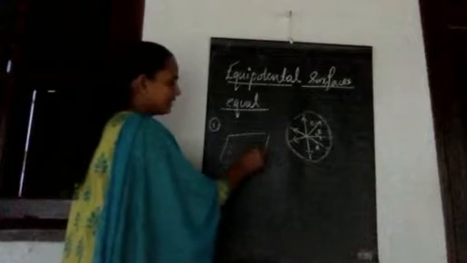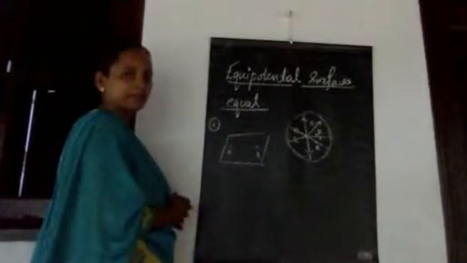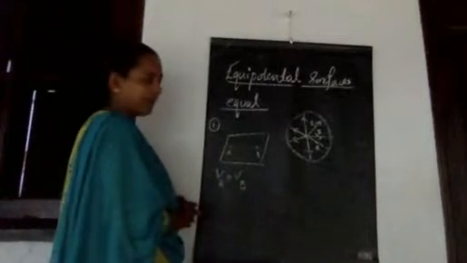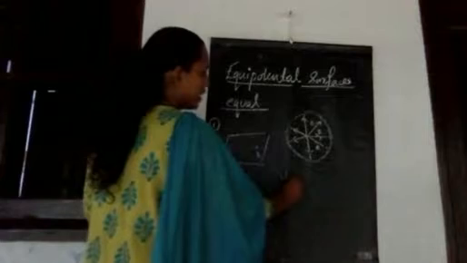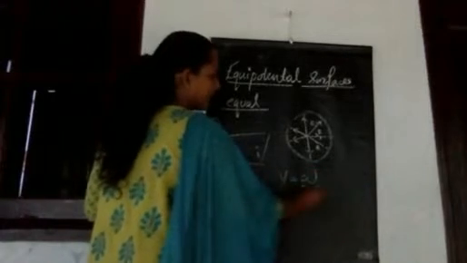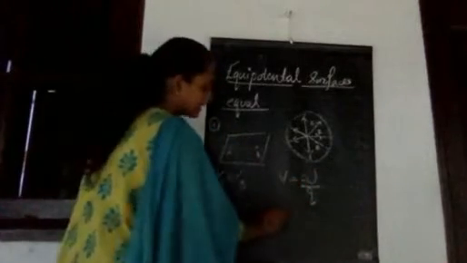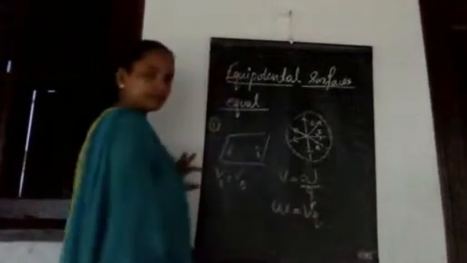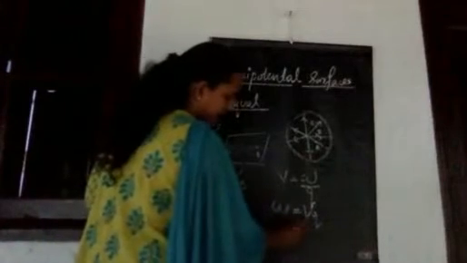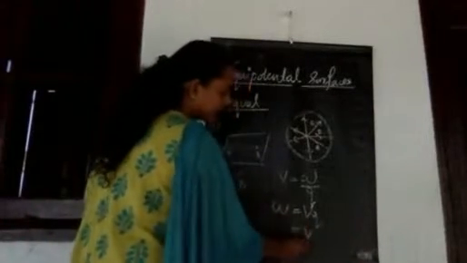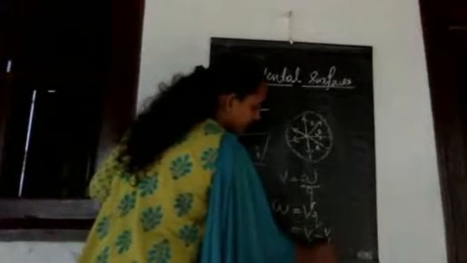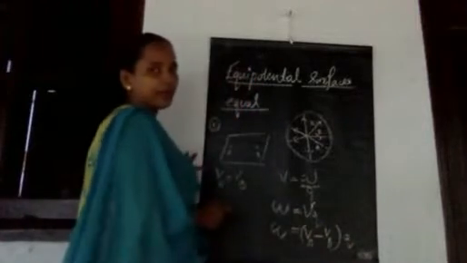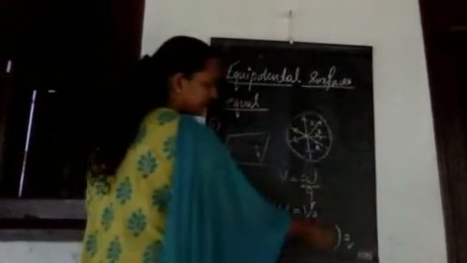The potential at these two points remains the same, that is, potential at A equals potential at B. The relation connecting potential, work and charge is V is equal to W by Q. So work W is equal to V into Q, or in terms of potential difference between two points, W is equal to VA minus VB into Q. Here VA minus VB is the difference in potential.